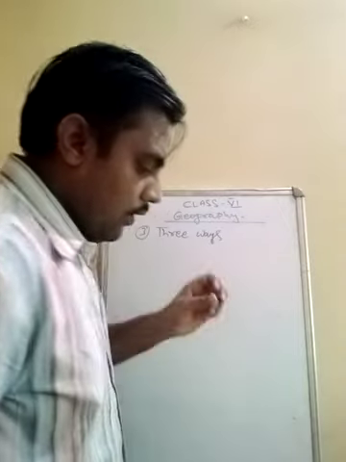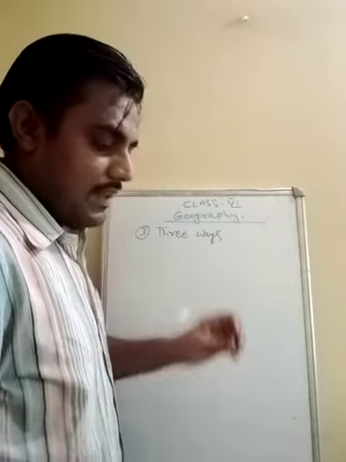Which 3 ways are used to represent scale on a map?